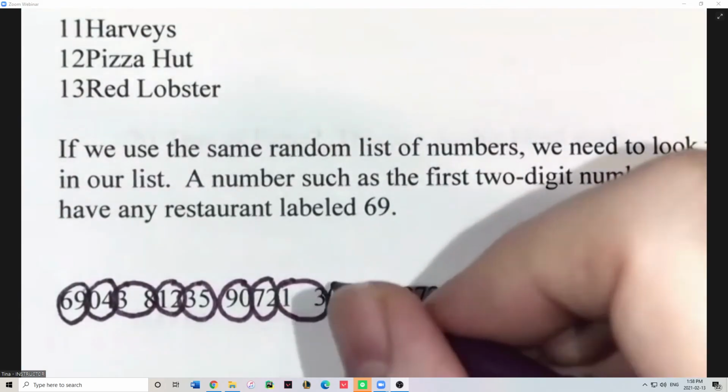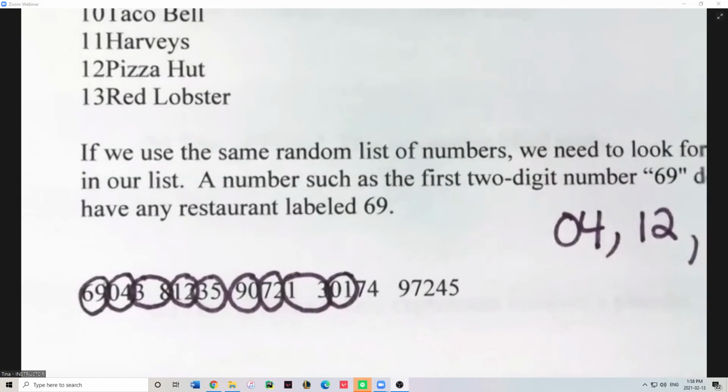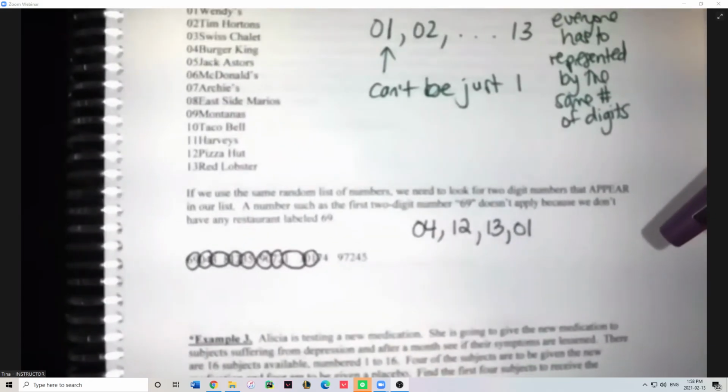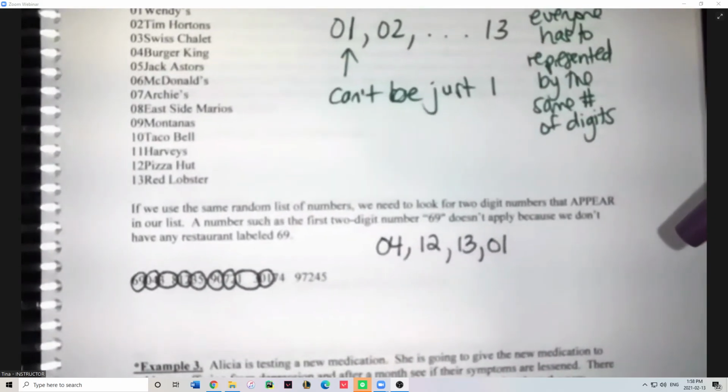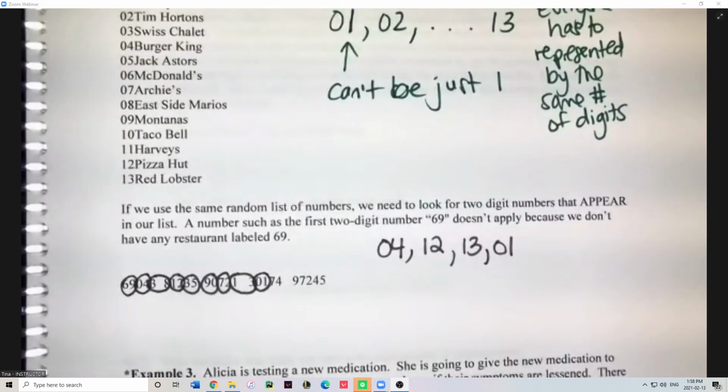Notice I'm not skipping any numbers anywhere. And 01 is good. So those would be the 4 that we would use: 04, 12, 13, and 01.